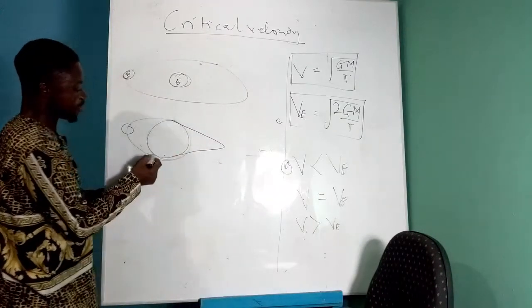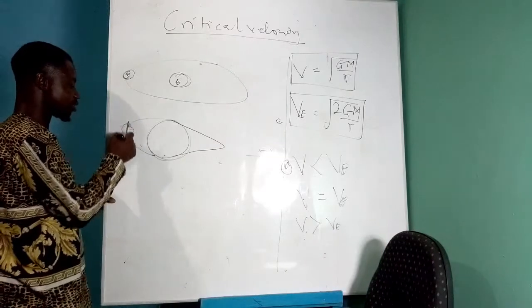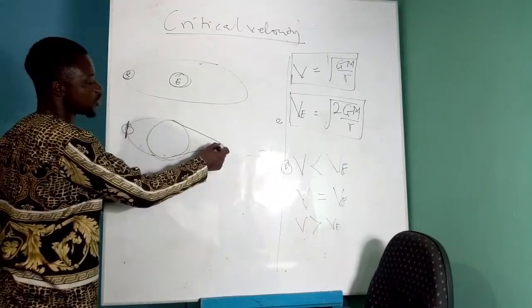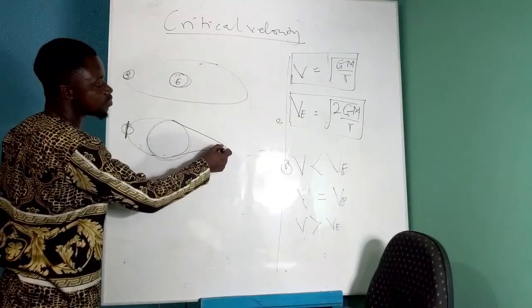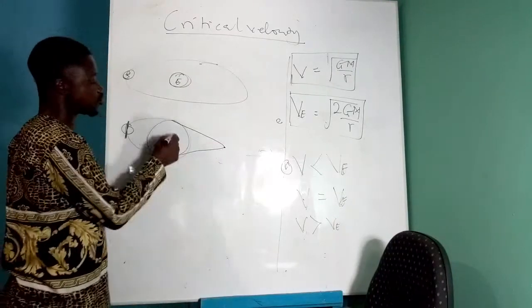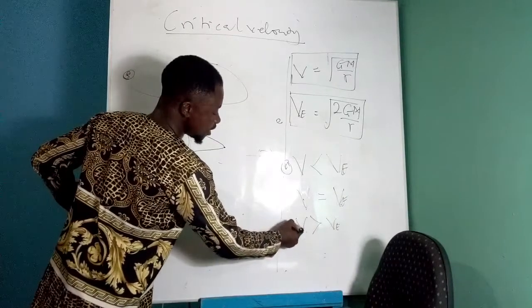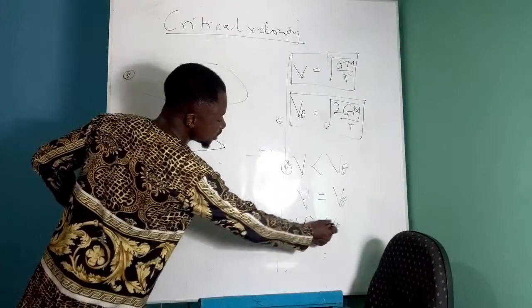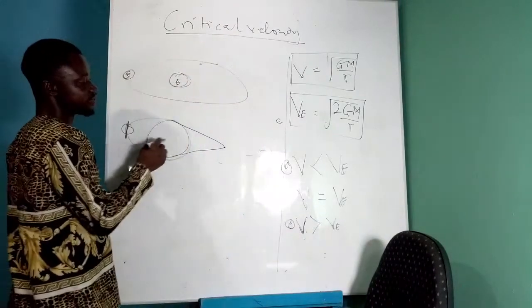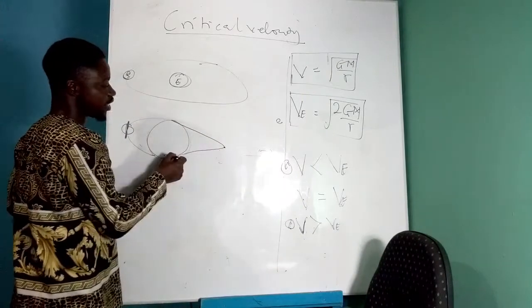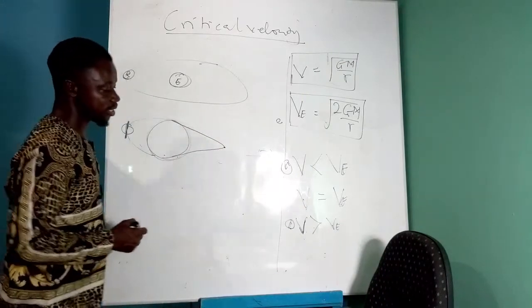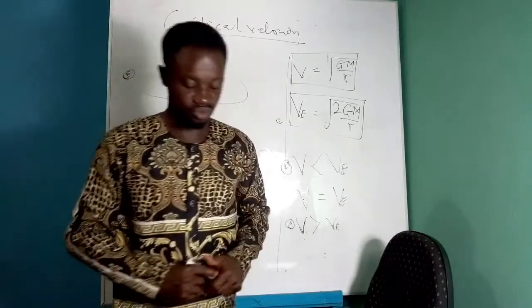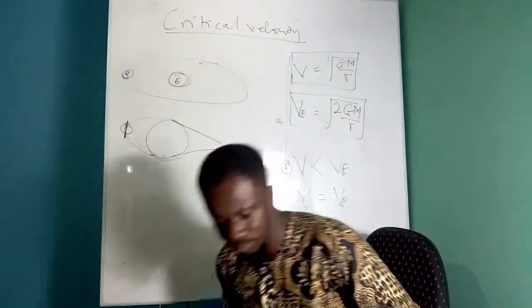Alright, you see, in the parabolic orbit, there seems to be a certain horizontal distance. In the parabolic orbit, the tip here has a peak. So in the third scenario, when V is greater than VE, the satellite will move in a hyperbolic orbit.